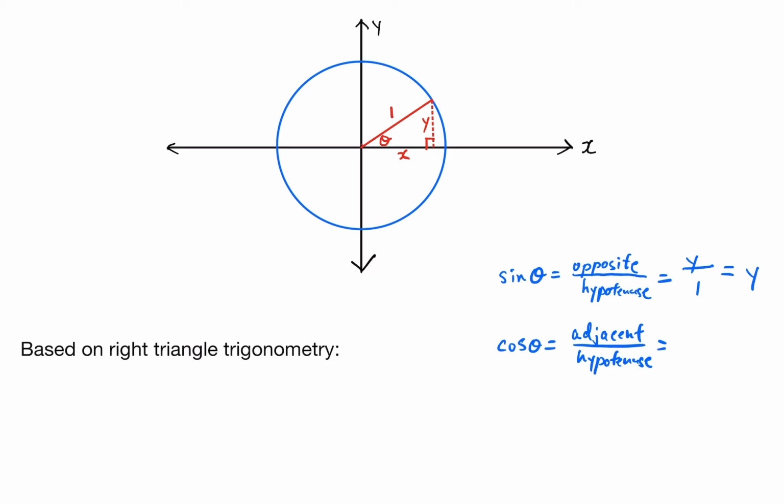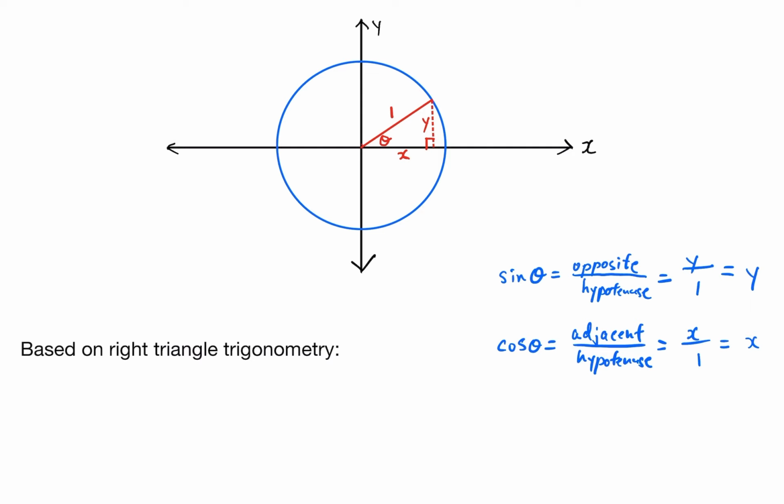Okay, now if we take the adjacent side, so here's our angle, theta. The adjacent side here is x. So we know this to be x over, and the hypotenuse is 1, which simplifies to x, okay?